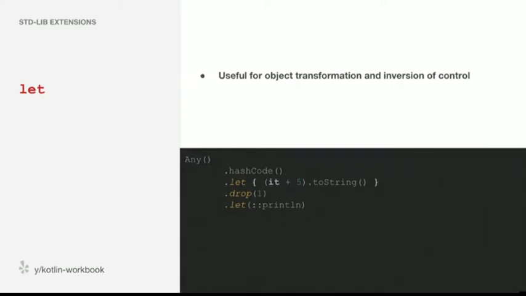So this will drop the first letter of that string, and then I'm using the let again to actually pass it into another function. In this case, it will basically get some object. It will create a random object, get its hash code, add 5 to it, transform it to a string, drop 1 character from that string, and then print it on the command line.